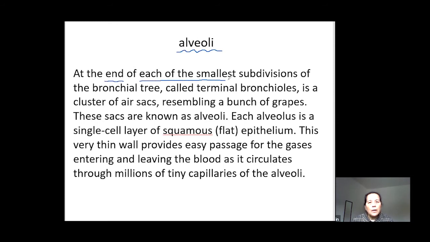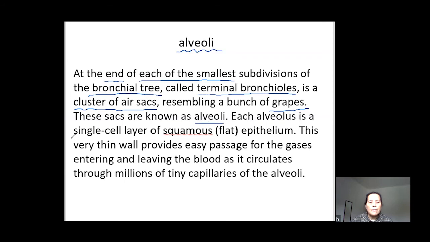Each smallest bronchial tree has millions of alveoli. They are connected with terminal bronchioles, and then there is a group of air sacs, just looking like a bunch of grapes. This kind of sac, we call it alveoli.